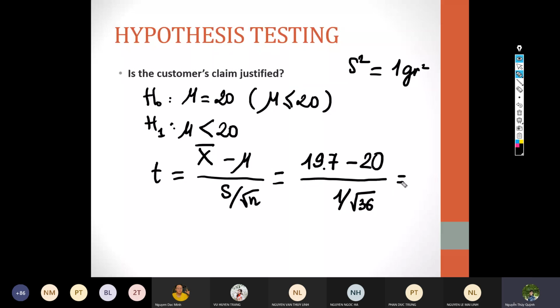And what is the value? Minus 1.8. Okay, thank you. All right, minus 1.8. So what is the next step?